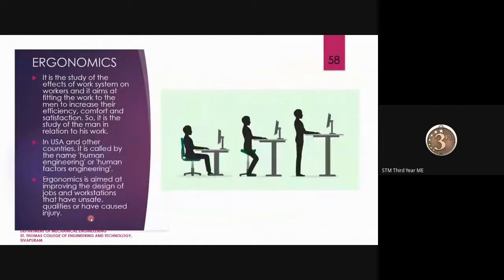Okay, next is ergonomics. So what was ergonomics? We had already seen the term ergonomics, that is nothing but it was always concentrated on reducing the stress or fatigue, right? So it was one of the objectives while we were developing the product.